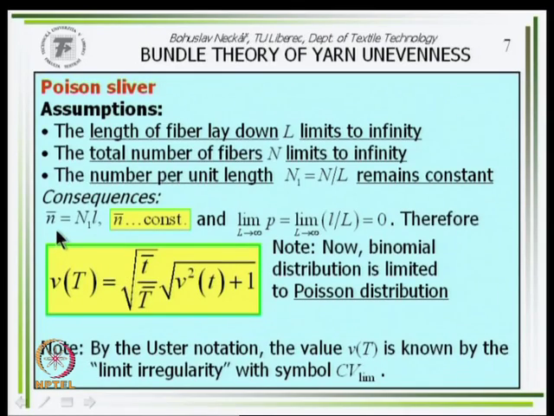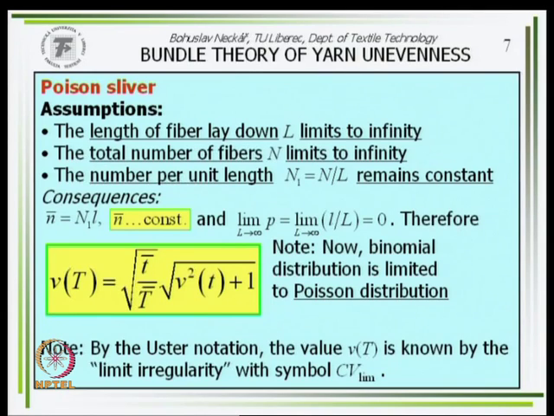What are the consequences of this? The mean value of fibers in a sliver cross section, small n bar, we derived is N1 times L. N1 is stable, L is stable, so n is constant, not changed.